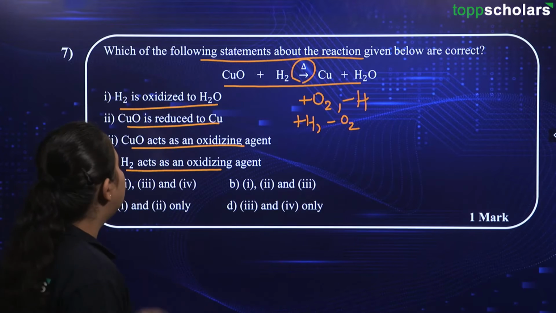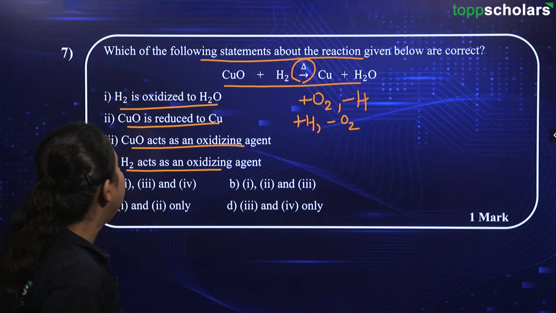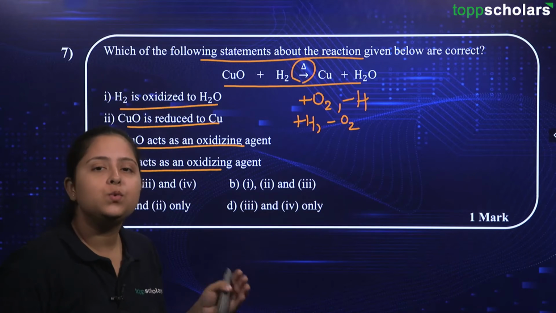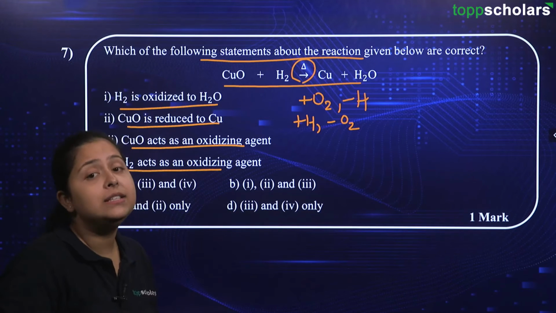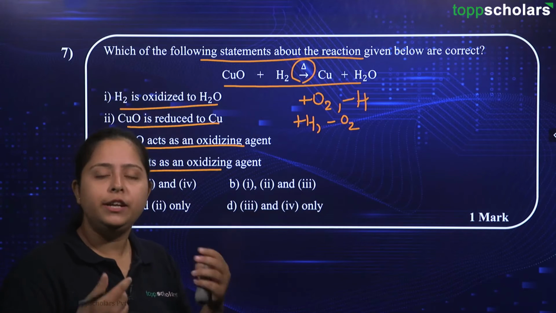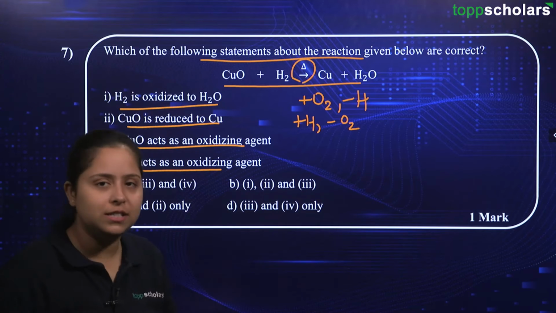Alright. So, these two conditions are for oxidation and reduction respectively. Then, what is an oxidizing agent? An oxidizing agent is one which causes oxidation of another thing but itself is reduced. Okay. And vice versa for reducing agent. Reducing agent is one which causes reduction but itself undergoes oxidation.